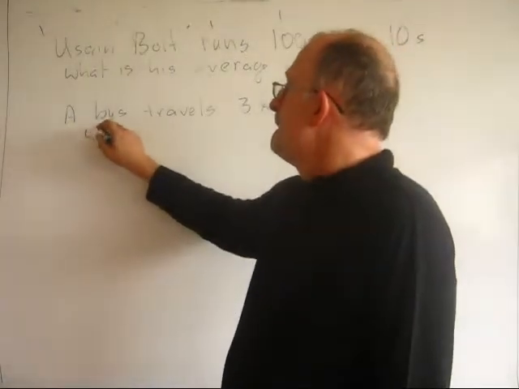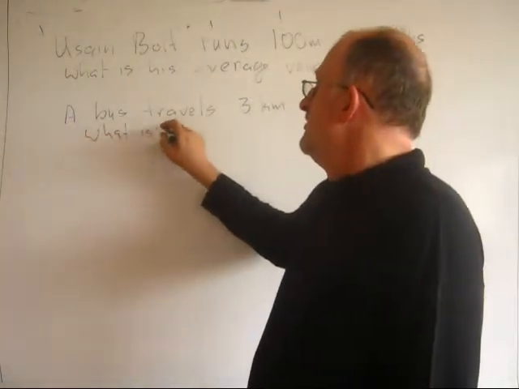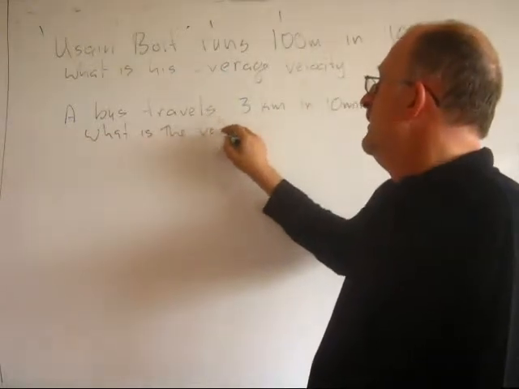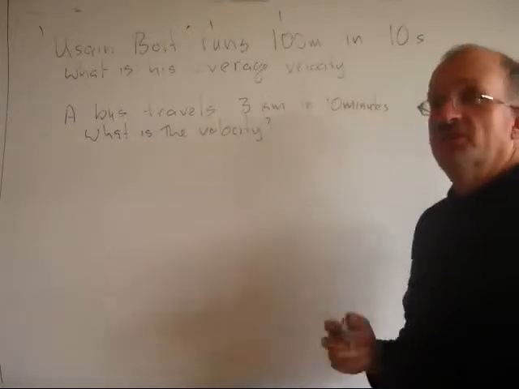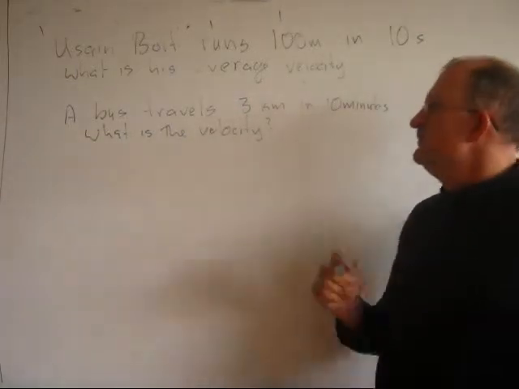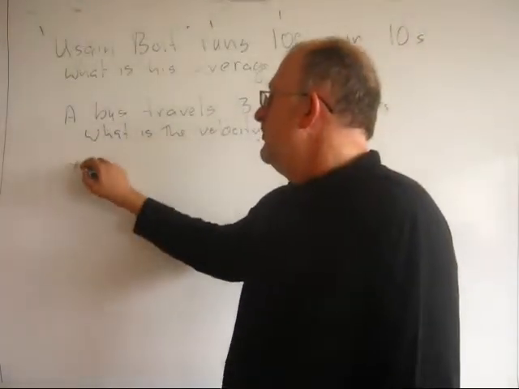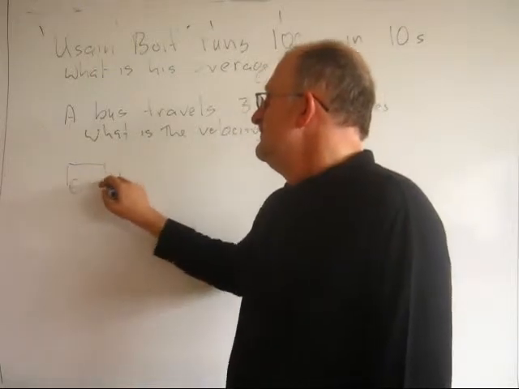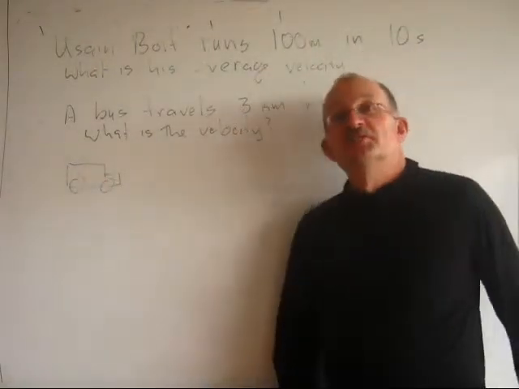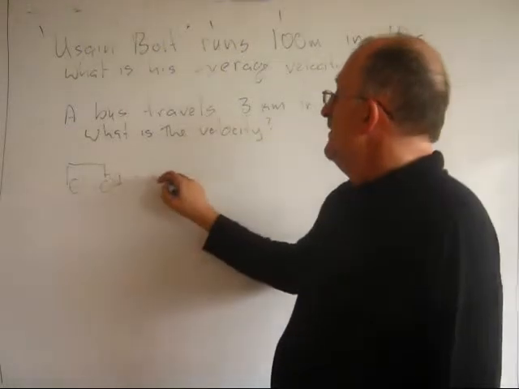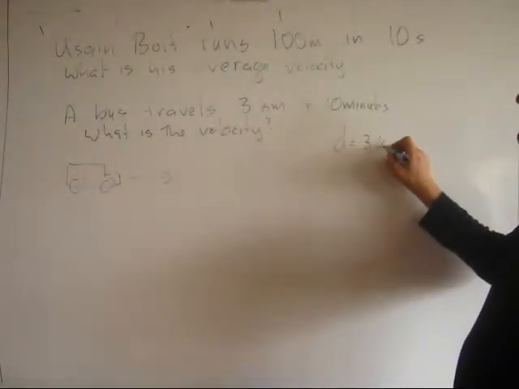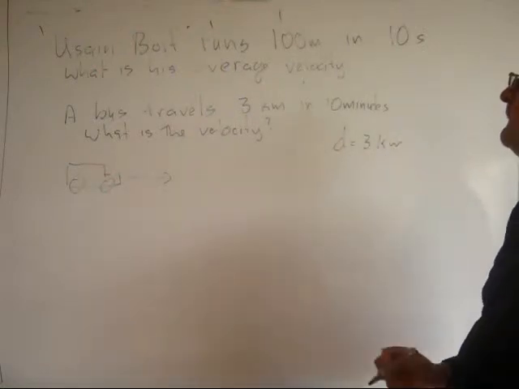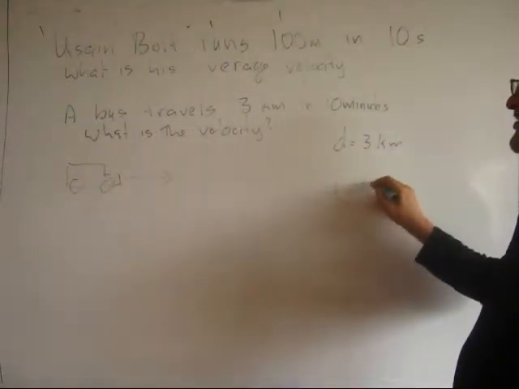What is the velocity? It's the average velocity. So, in this case we're going to take the bus. Again, step one, draw a picture. Now you know why I'm a physicist and not an artist. Write down what we know. D equals 3 kilometres. T equals 10 minutes.